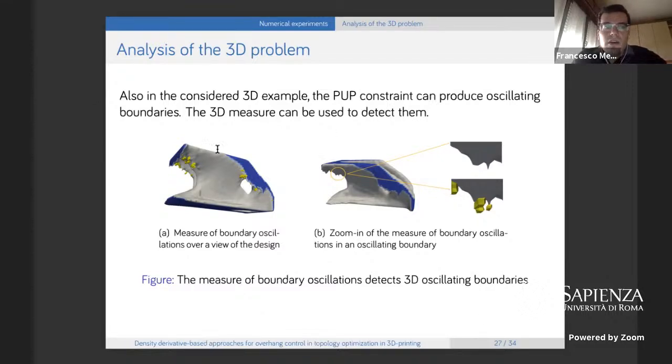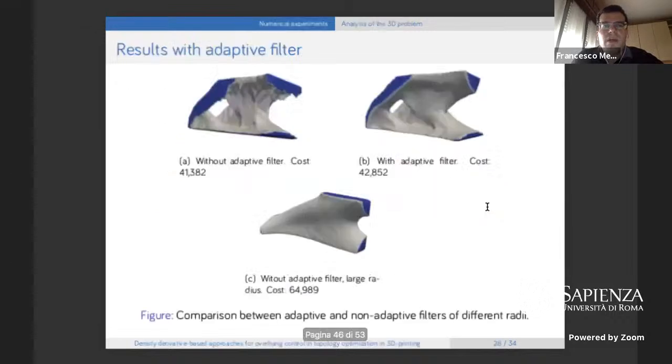And in particular, the yellow region represents the zones where the 3D version of our second order measure of oscillations is different from zero. And here on the right, in this zoom in, you can see that these yellow regions correspond exactly to where tips of oscillating boundaries are present.